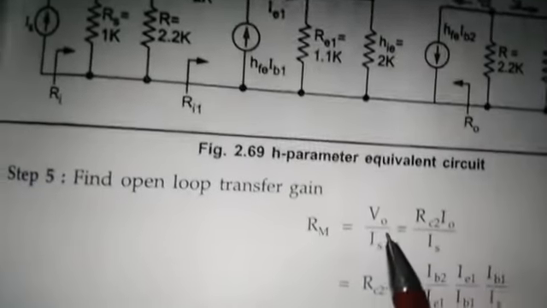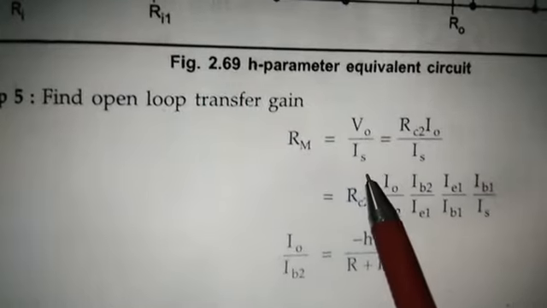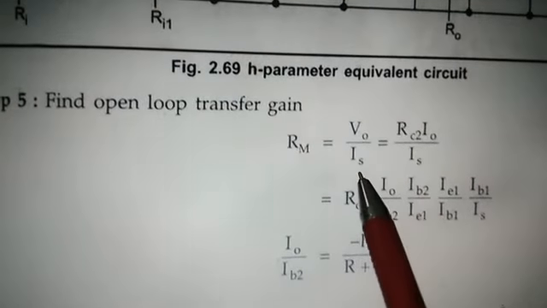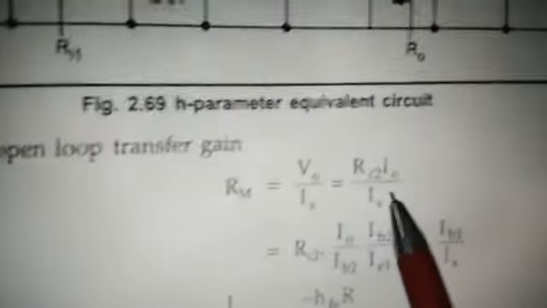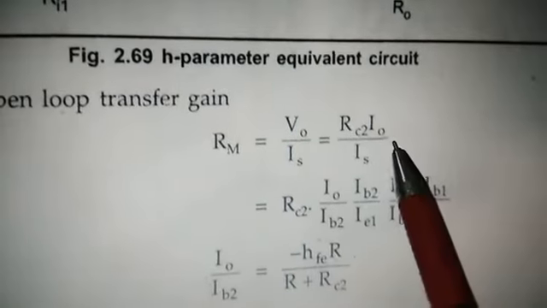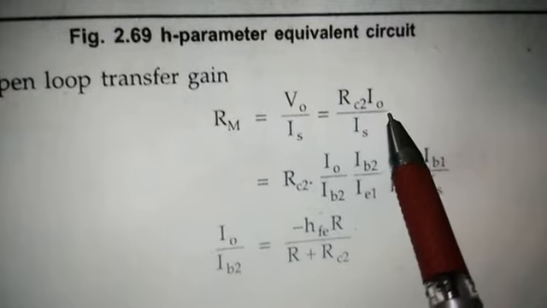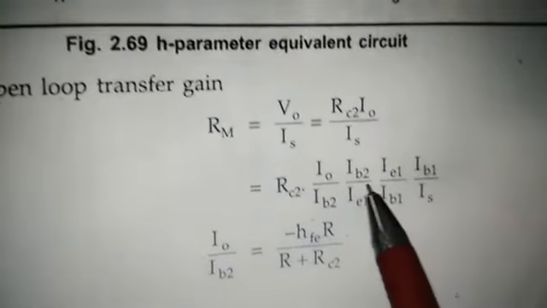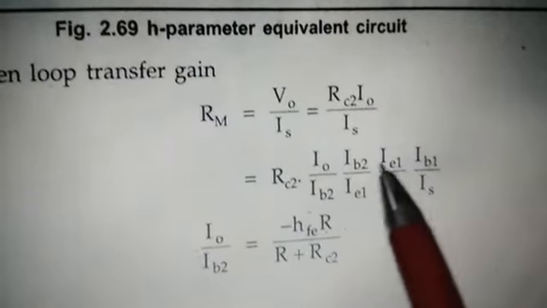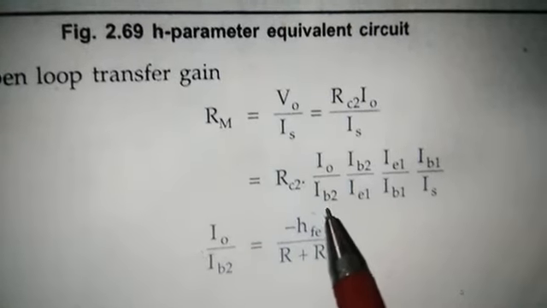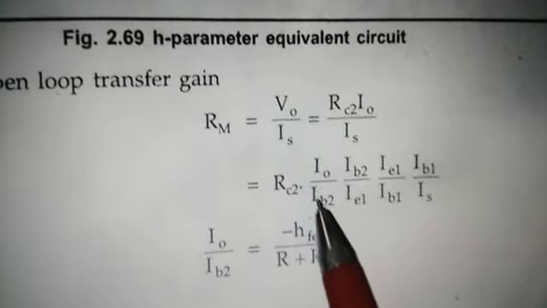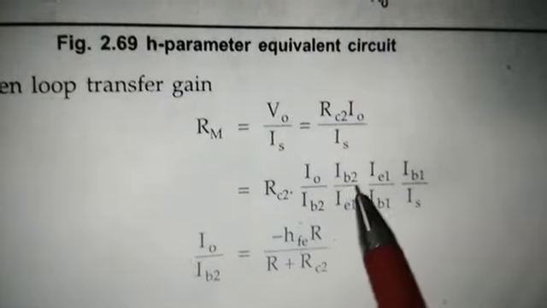RM is equal to V naught by IS, output voltage upon input current, and this is equal to RC2 into I naught upon IS. Now this I naught upon IS can be categorized into four terms. I naught upon IB2, that is output of the second transistor and input of the second transistor.